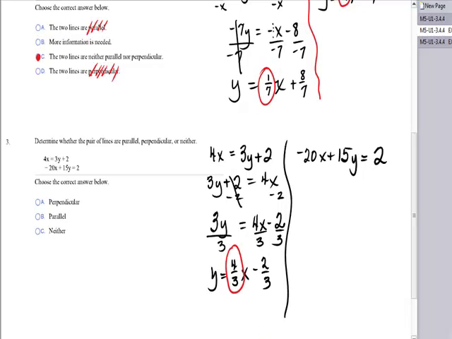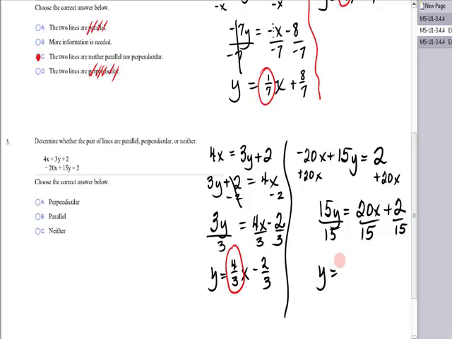See what's happening with the second line. I'm going to add 20x. Now remember, my goal is to get y by itself. So I have 15y is equal to 20x plus 2. Divide by 15. And y is equal to, now I have 20 over 15 x plus 2/15.